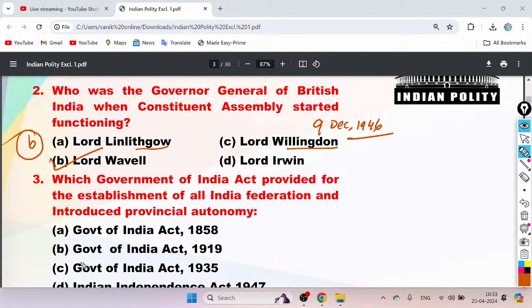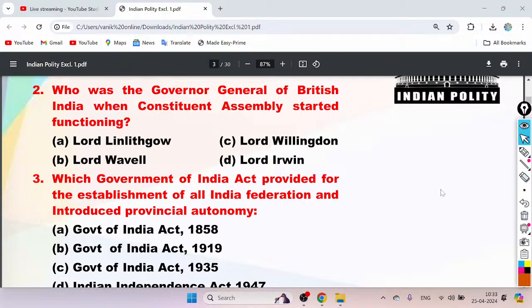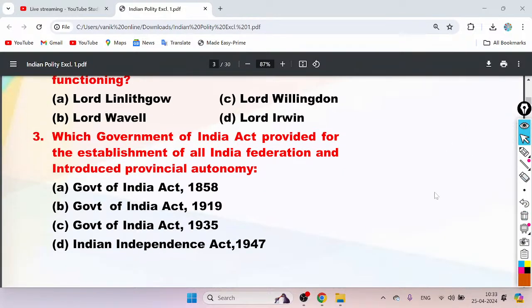Question number 3. The Government of India Act provided for establishment of All India Federation and introduced provincial autonomy. All India Federation was envisaged in Government of India Act 1990. For the first time, provincial subjects were separated from central subjects.